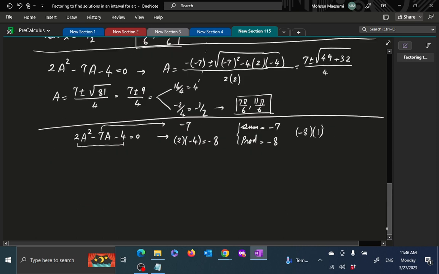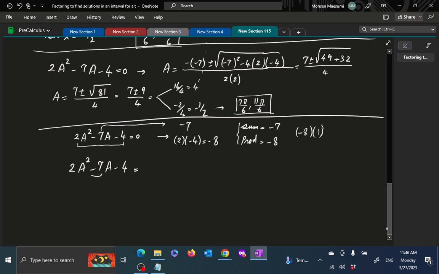Okay, now what? We say the following: 2a squared minus 7a minus 4. Take this minus 7 and write it as a sum of two such things. So 2a squared minus 8a plus 1a. This is just another way of writing minus 7a. Now, why would you do that? Because the first two and the last two can be factored.